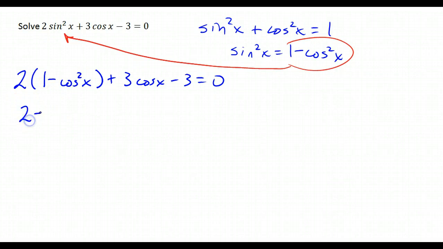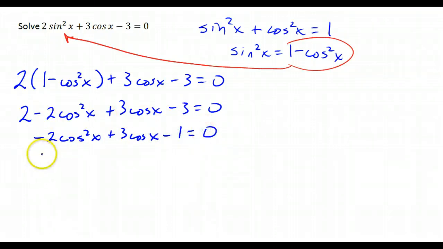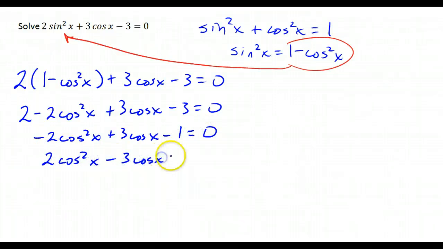So I've got 2 minus 2 cosine squared x plus 3 cosine x minus 3 equals 0. Negative 2 cosine squared x plus 3 cosine x, and then I have a 2 minus 3 is negative 1. And let's just multiply through by negative 1, so my lead coefficient is positive, and that will factor.